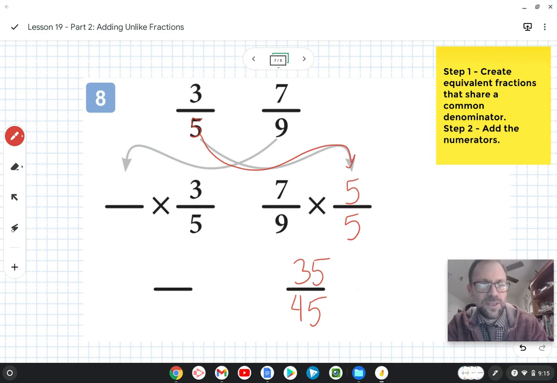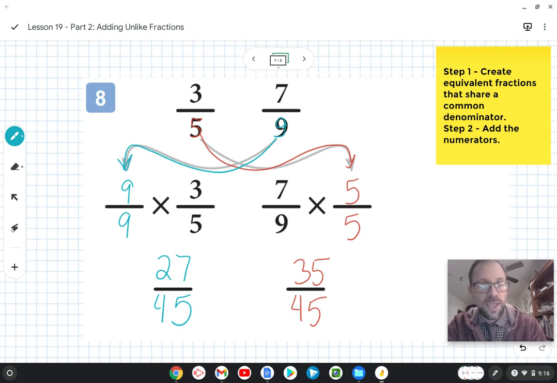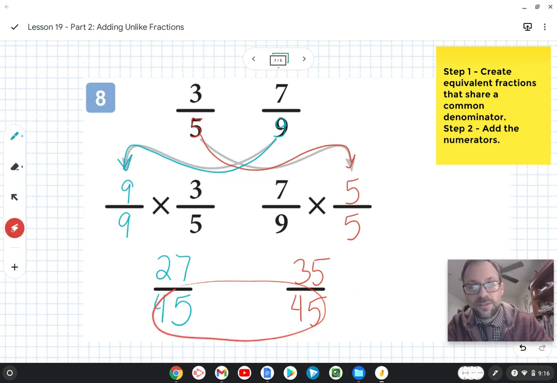You got it. We're going to go to our second fraction, 7/9, and we're going to bring that 9 down and multiply it by both the top and bottom number of our first fraction. So 9 times 3, that's 27, and 9 times 5, that is 45. And lo and behold, we have common denominators.